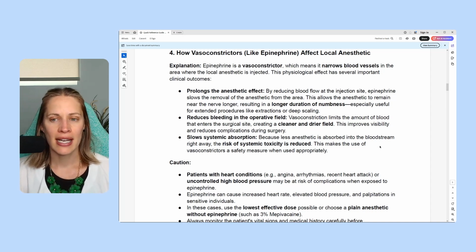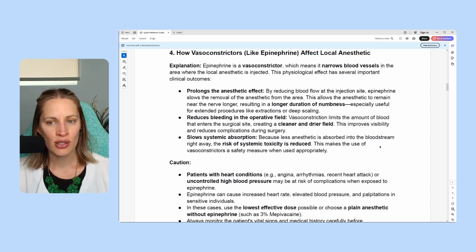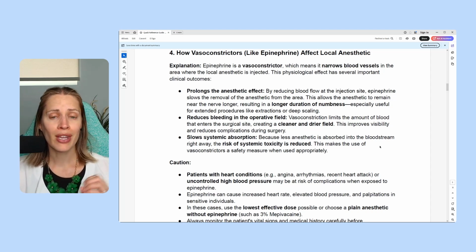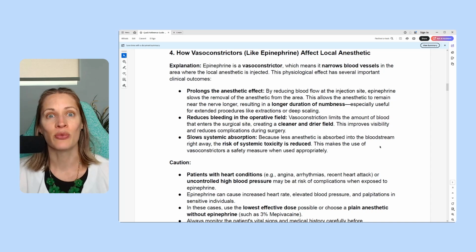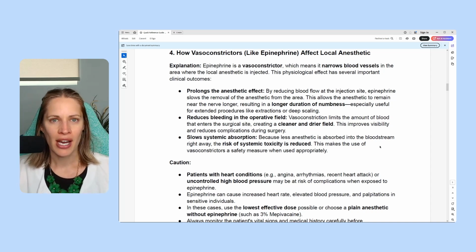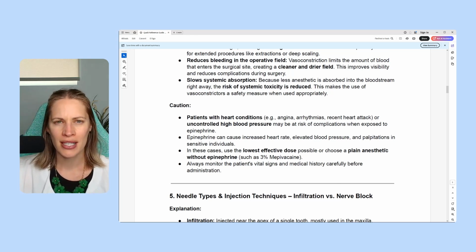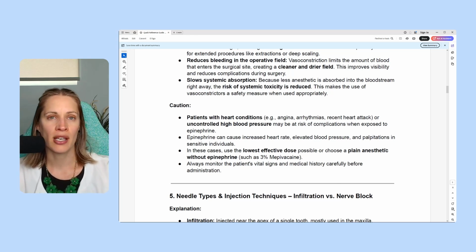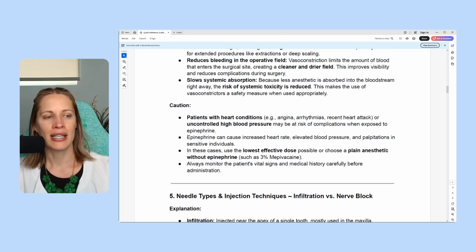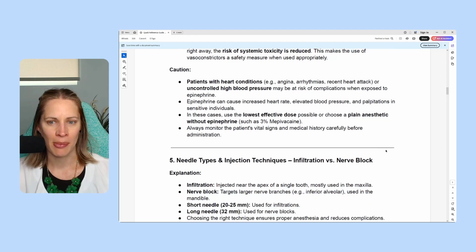So, if less anesthetic is being absorbed into the bloodstream, the risk of toxicity is reduced. And that's a good thing, right? We don't want something to be toxic. But be careful, as I had mentioned, patients with heart conditions, high blood pressure, allergies, anything like that, you want to be careful with epinephrine, and a plain anesthetic is going to be better.